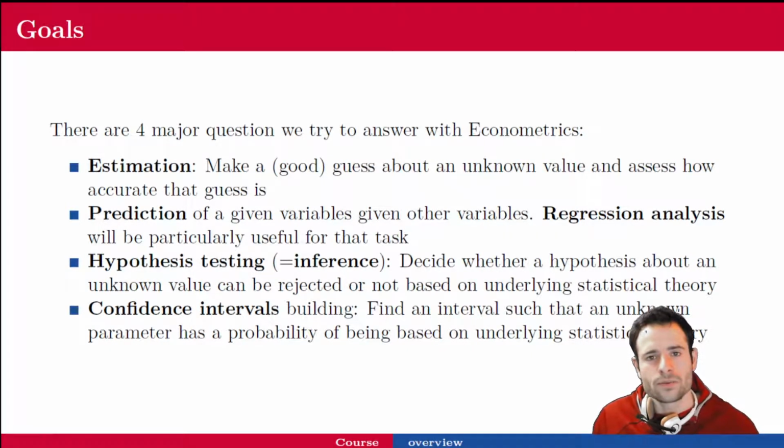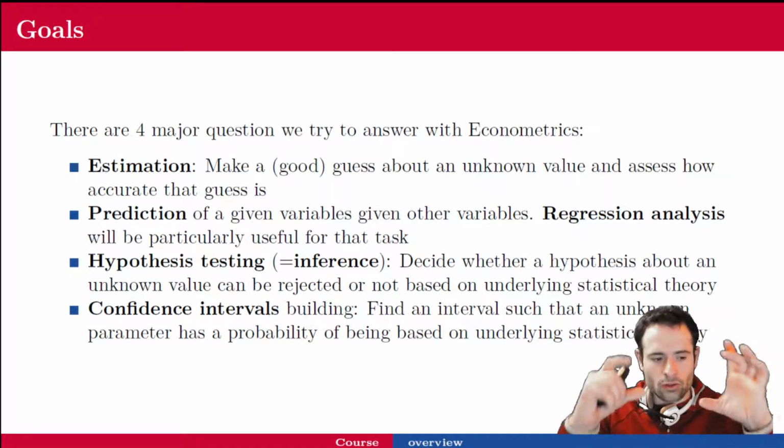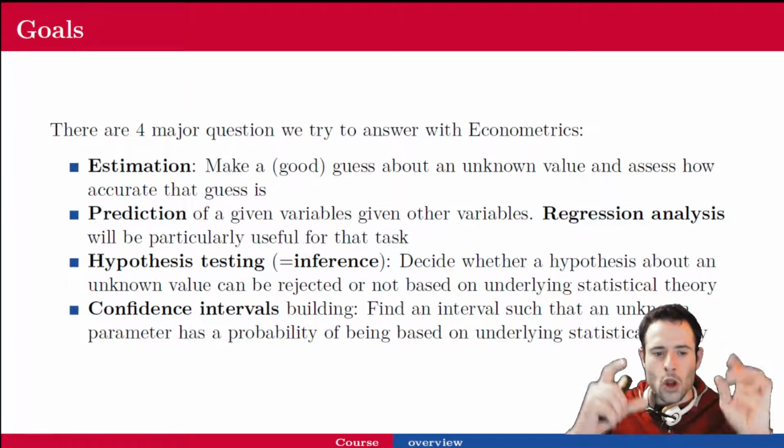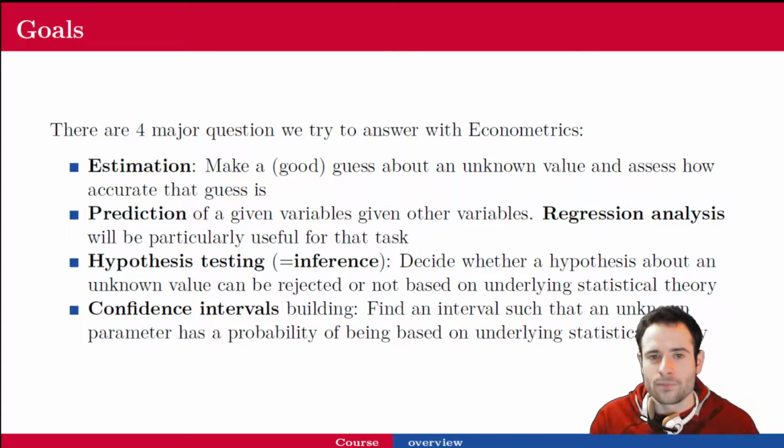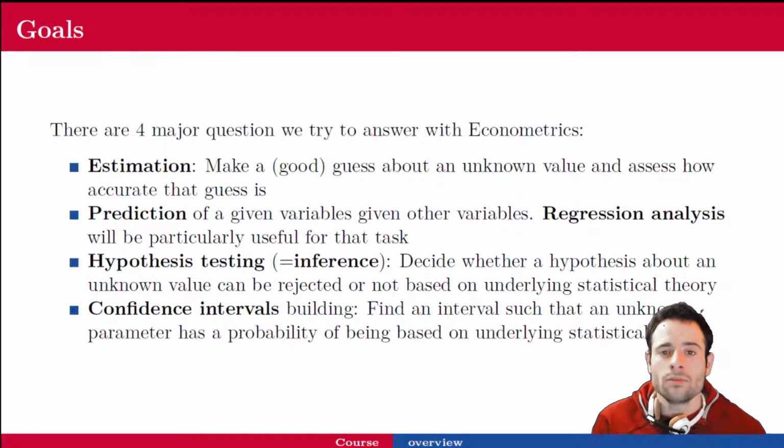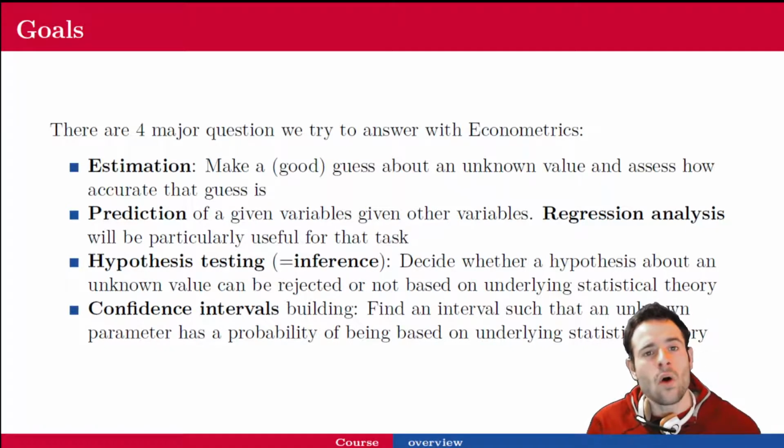Confidence intervals are very similar, but they are more about finding an interval such that an unknown parameter has a probability of being inside that interval. For instance, very easy example, I could say, what is the proportion of smokers in Canada? 10%? 20%? 30%? What is it? I could use a sample, look at how many smokers there are in the sample, but it will only be a sample.